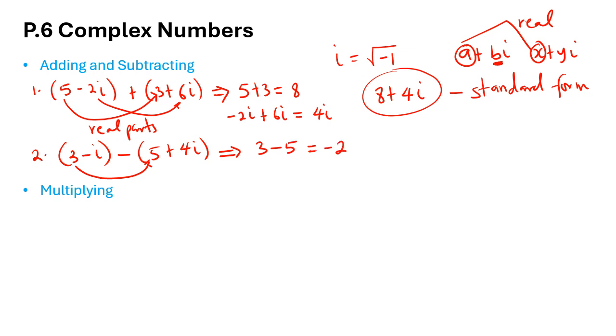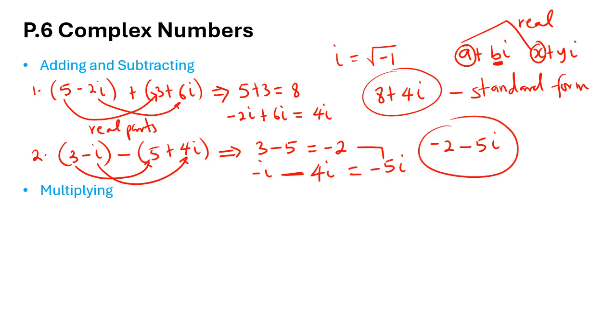Then the imaginary parts, -i minus 4i, gives -5i. Combining both, it will be -2 minus 5i, and this will be your standard form.